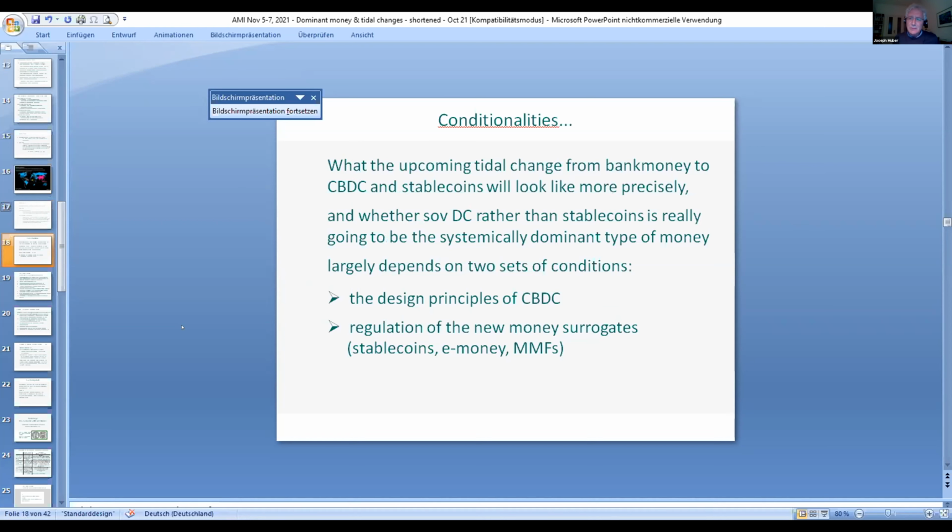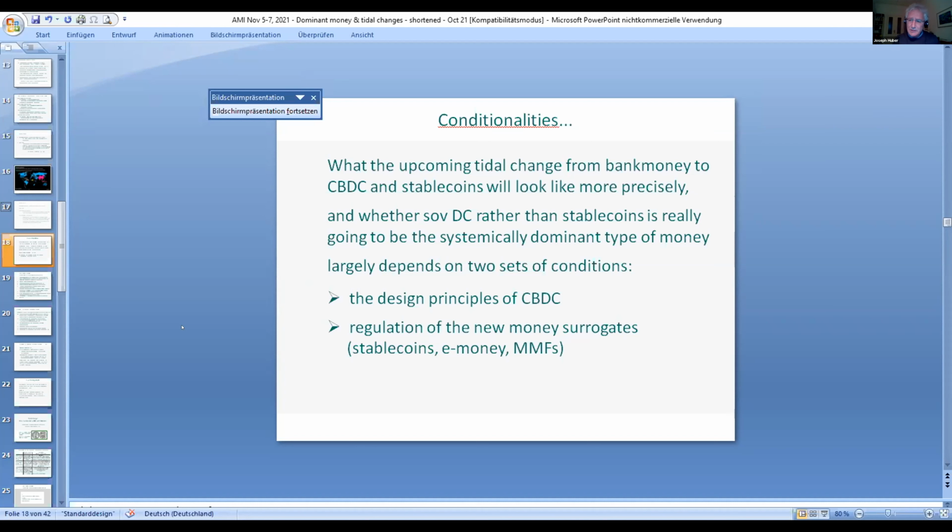Now, looking at this in more detail, what the upcoming transition from the bank money regime to CBDC and stablecoins will look like more precisely, and whether really a sovereign digital currency will be the dominant type of money in competition with stablecoins.